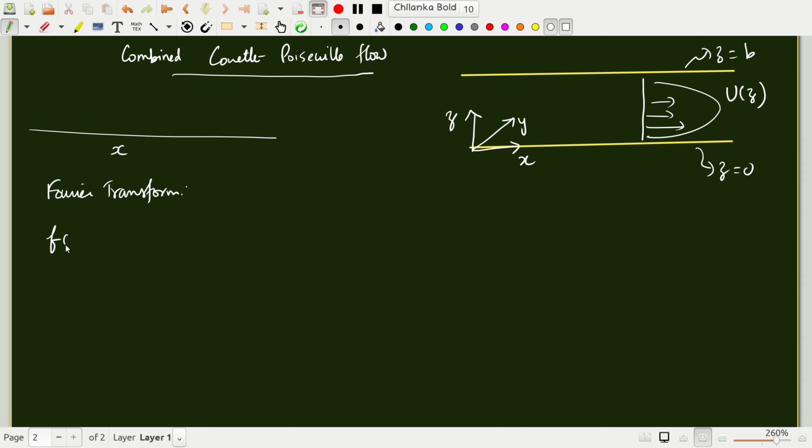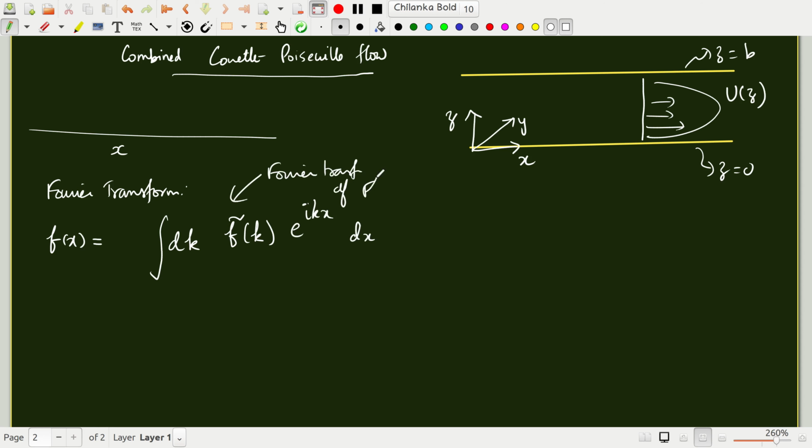So here we say that the function f of x is written as integral over dk of f tilde of k, e to the ikx, and this is called the Fourier transform of f of x. Okay, k is a real continuous variable. So whenever the x domain is infinite, we use a Fourier transform.